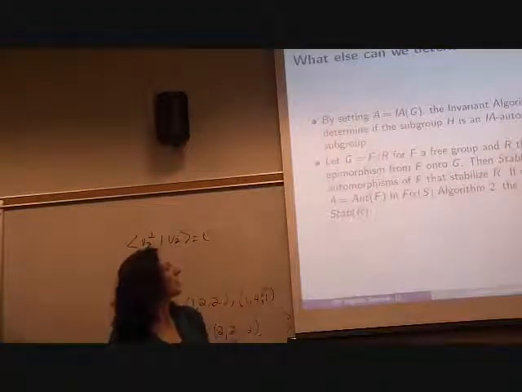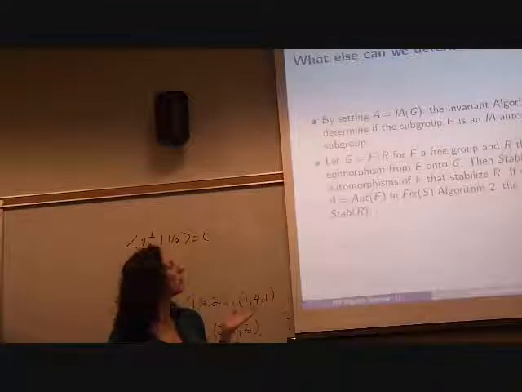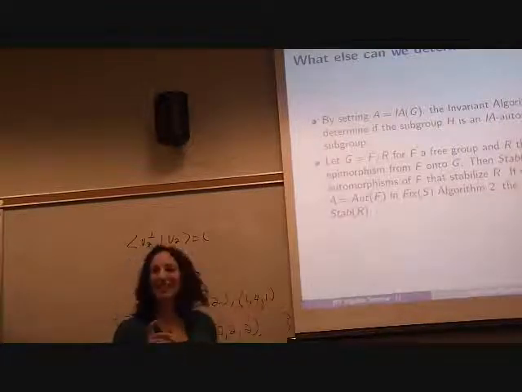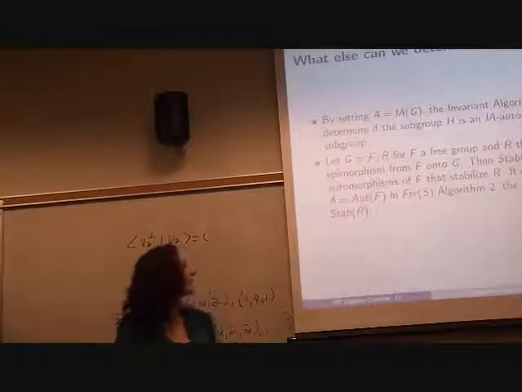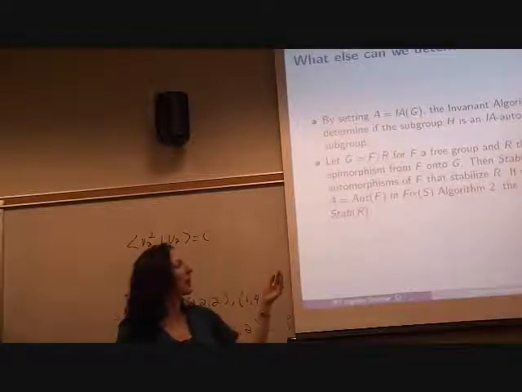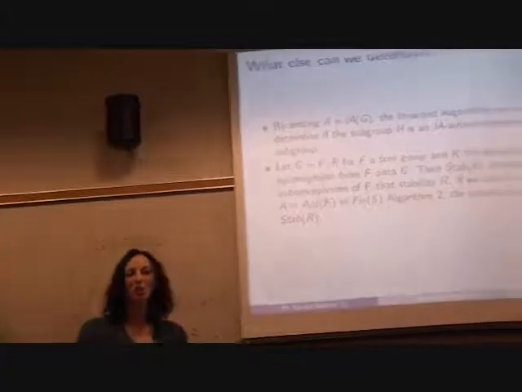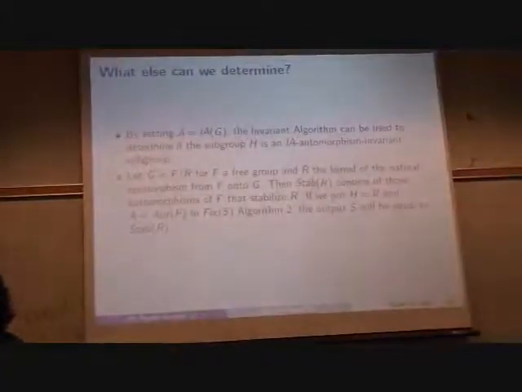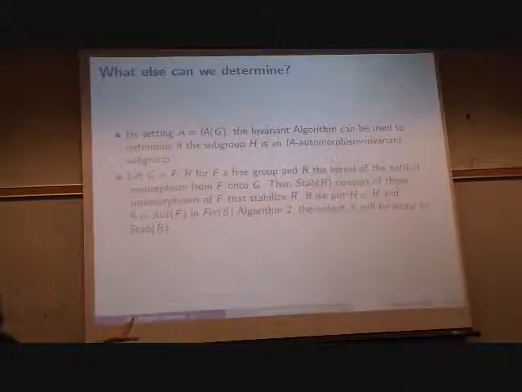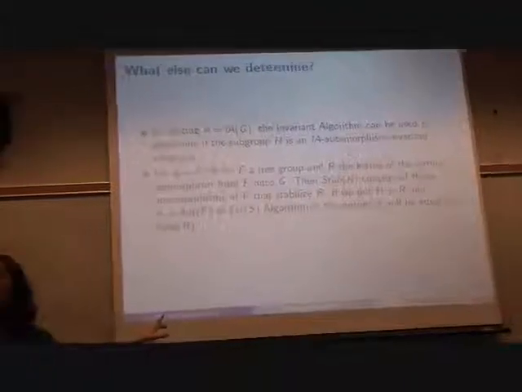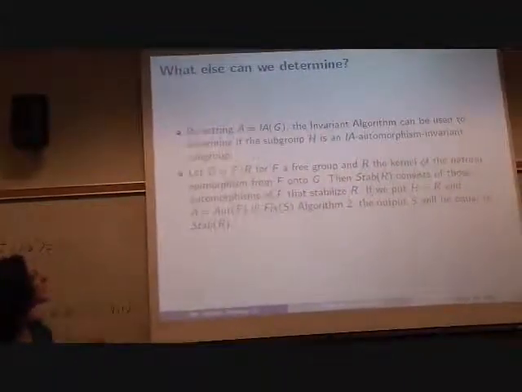Then the stabilizer of R consists of the automorphisms that stabilize R, fixing them element-wise. So remember our fixed S before? Our fixed S consisted of group elements that were fixed by S. But here this is slightly different. Your stabilizer is actually a subgroup of the automorphism group. So the stabilizer consists of automorphisms, not group elements.